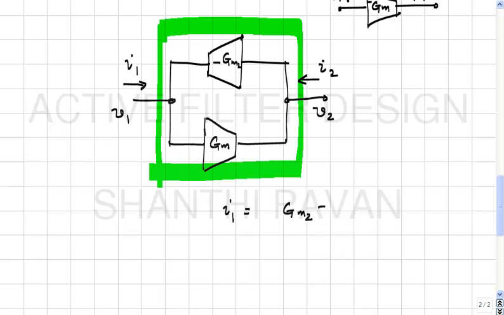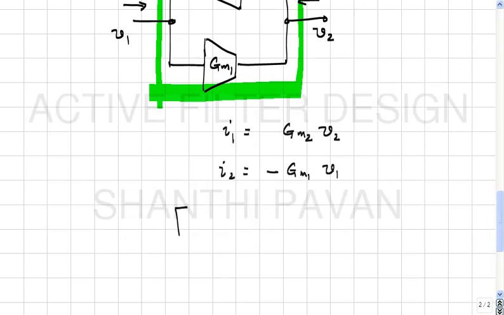GM2 V2, all right, and what is I2? Minus GM1 V1. So what is the Y matrix of this magic box?